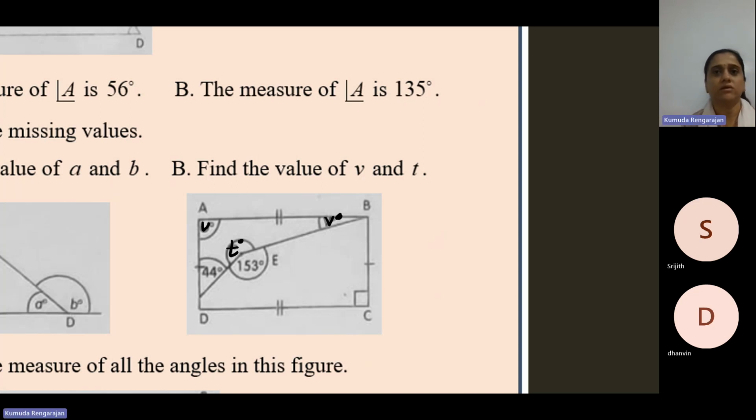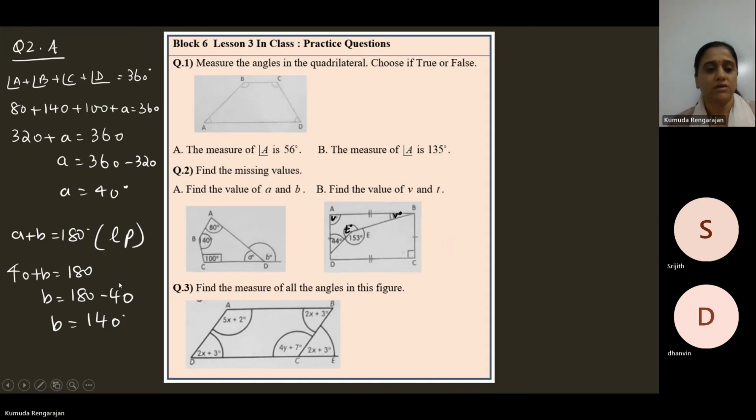Why? Because you can see opposite sides are equal. You can see opposite sides are marked equal. I'll just zoom out. See here. Can you see this? And the double lines here. So these markings indicate that opposite sides are equal.